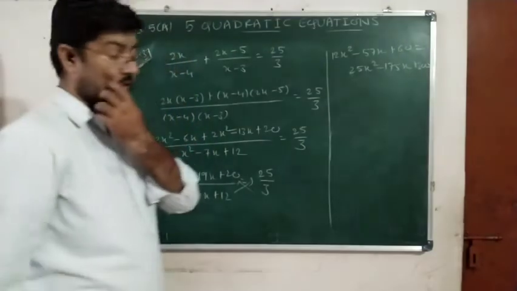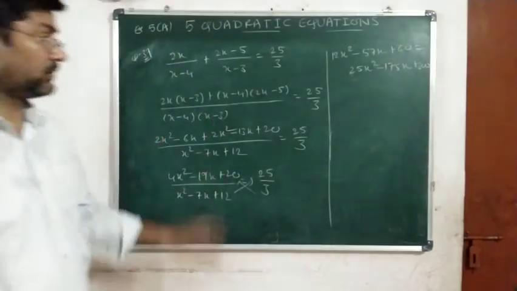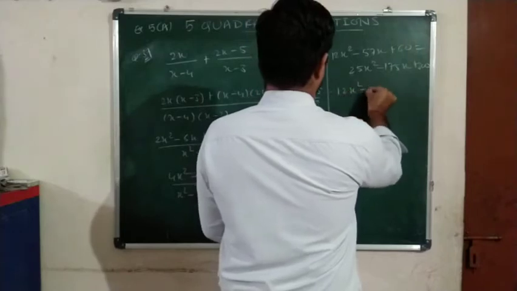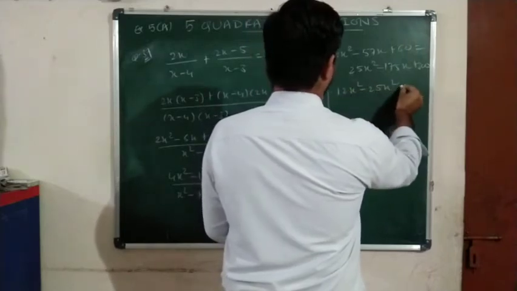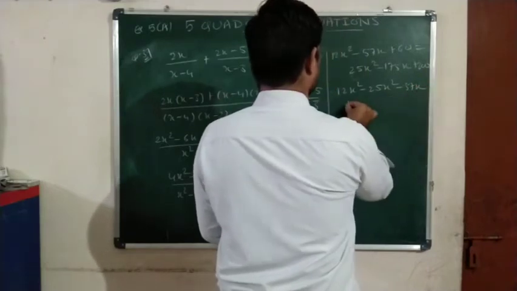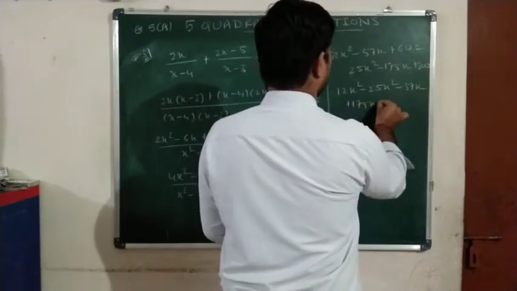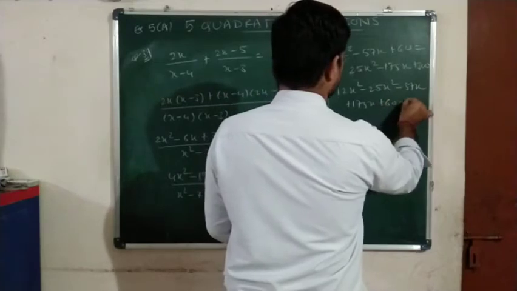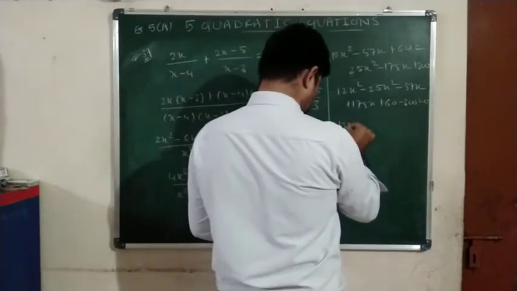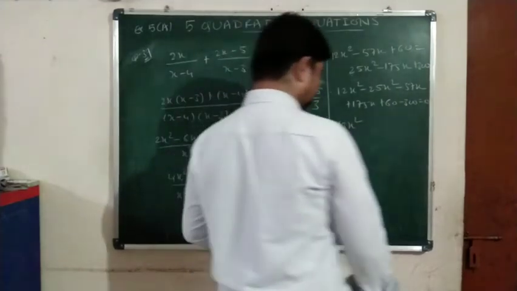Okay, let us transpose the terms on the right side to the left side, and therefore 12x square minus 25x square minus 57x plus 175x plus 60 minus 300 is equal to 0, minus 13x square.